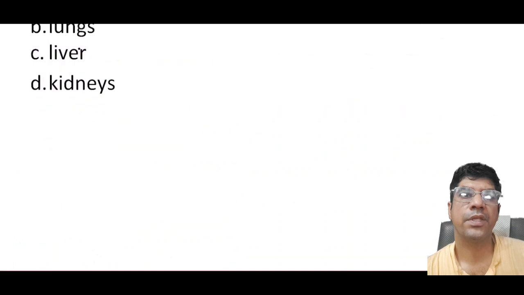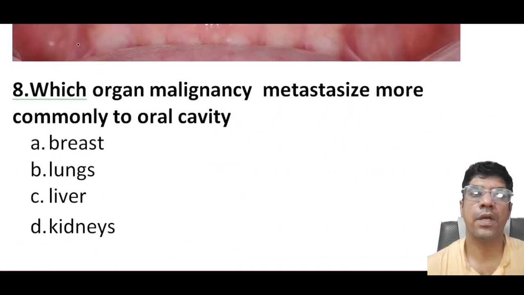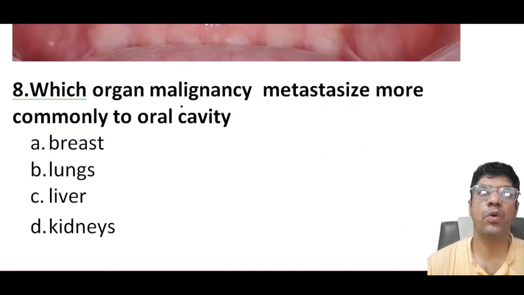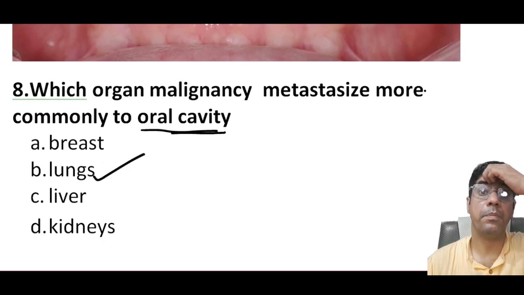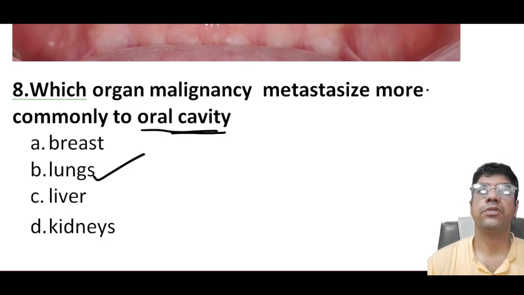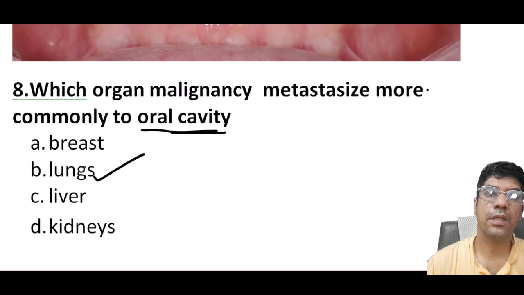Coming to the next question, which organ malignancy metastasizes more commonly to the oral cavity? Well, metastasis in the oral cavity can originate from various primary cancers, with the most common being the lungs. So why does metastasis occur in the oral region, and what are the factors that contribute to it?